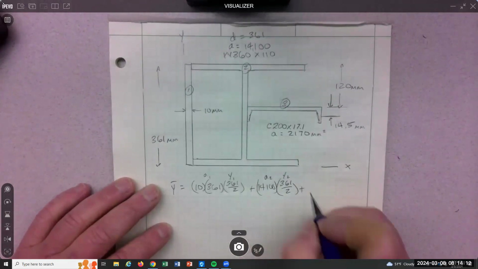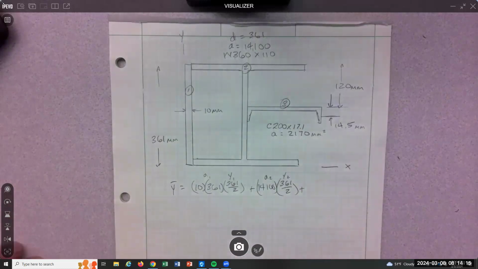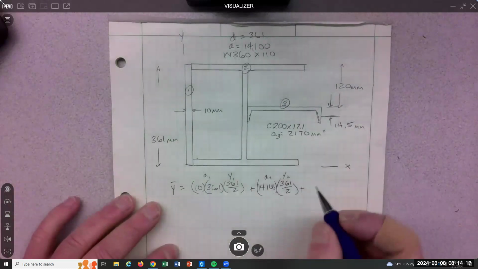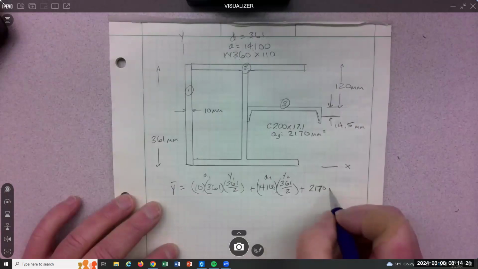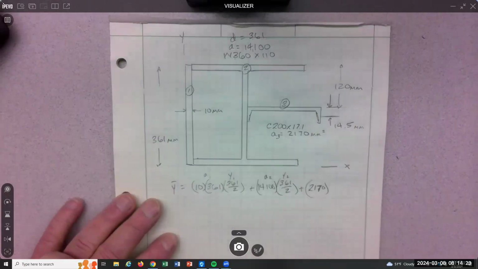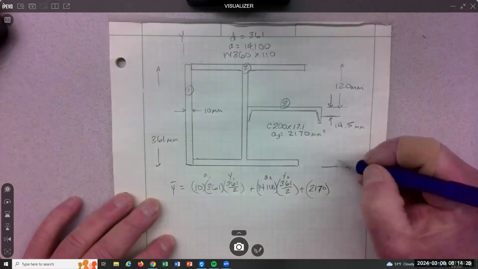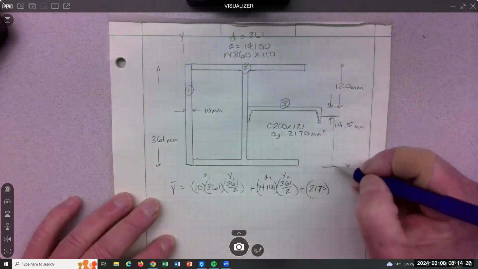Then I'm gonna add to it area 3, 2170. And I have to figure out the Y distance here to here.